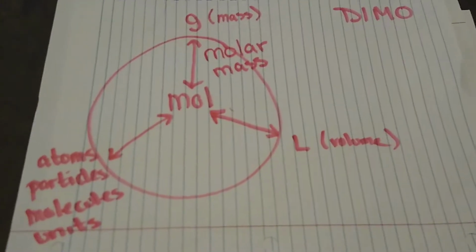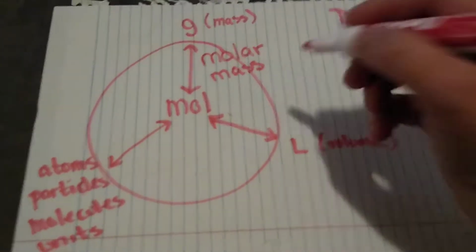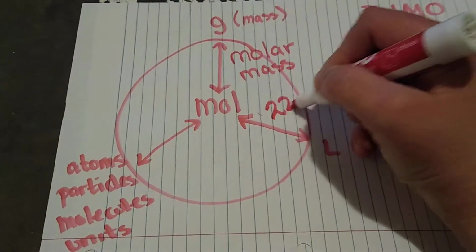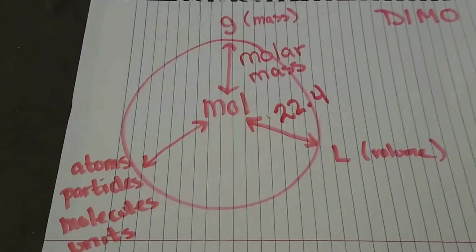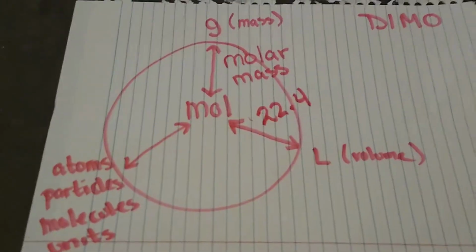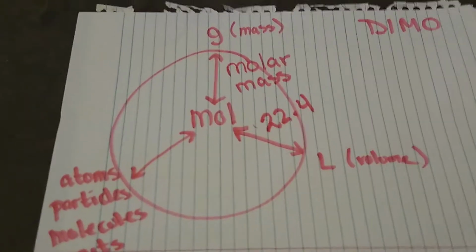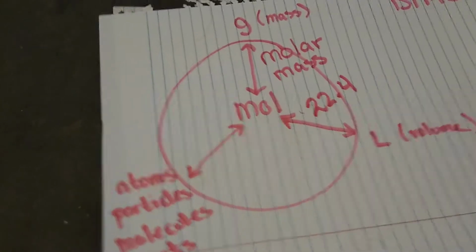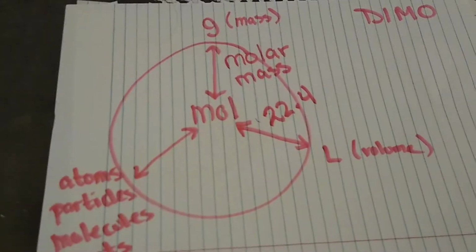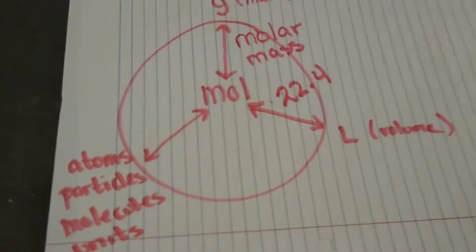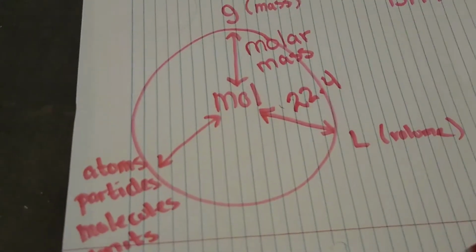Now, for liters it's 22.4. Now, this is a standard number. Okay, so 22.4 is what you're going to use anytime you are talking about volume. All right, so it's a magic number. Now, atoms, particles, molecules, this also has a magic number, but it's quite a bit larger, and it's called Avogadro's number, okay?